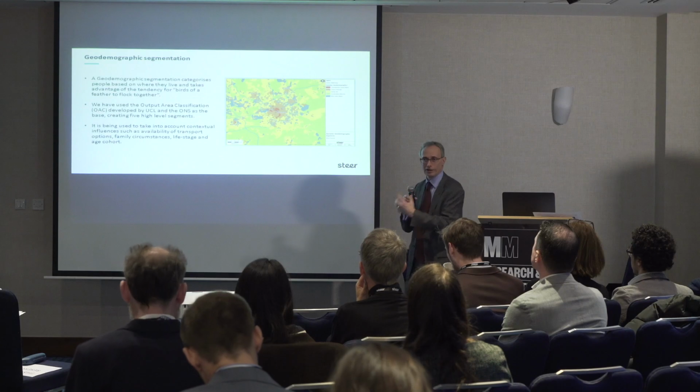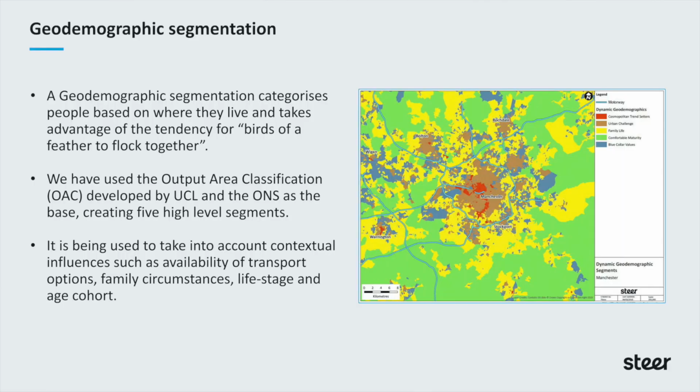Now it's more famously or infamously used for marketing purposes and targeted marketing. But we're using a system called the Output Area Classification, which was developed by UCL and ONS, Office of National Statistics. So it's an open source product.